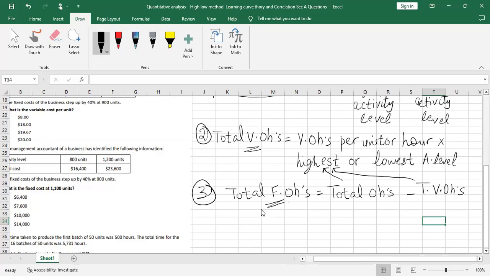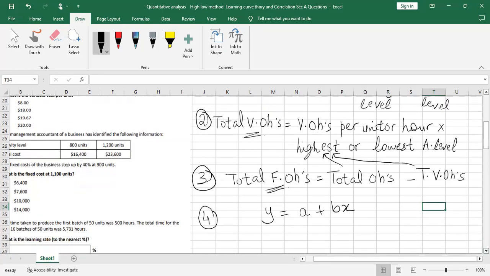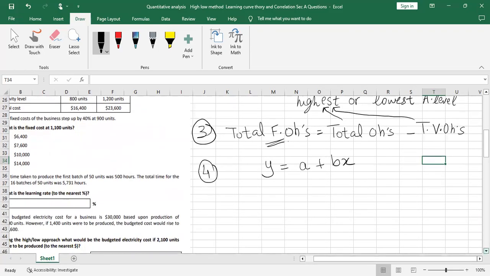And step number four is, if it is asked by the examiner in the question, y equals a plus bx. Now what is this y? Y stands for total overheads.